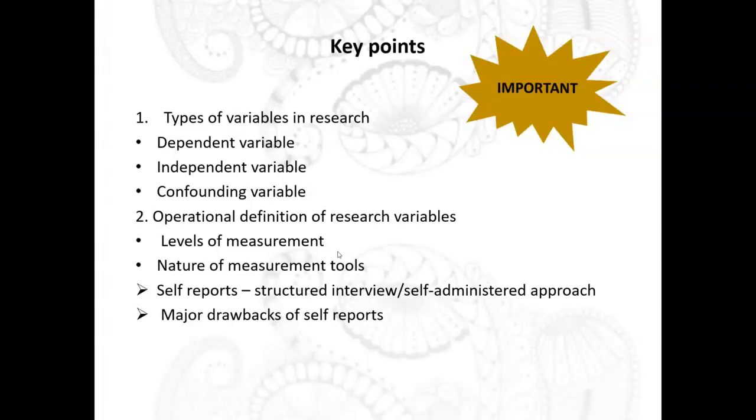I gave you some examples last time, the stress level measurement, and also the geriatric depression. And for self-report, you must know well the structured interview and the self-administered approach, that is using the questionnaire approach, and also the major drawbacks of self-report, social response set biases.